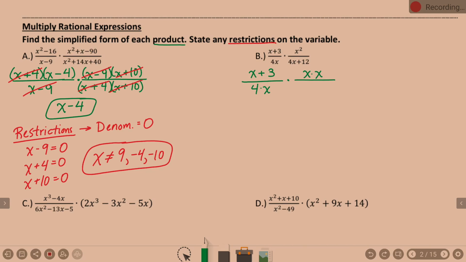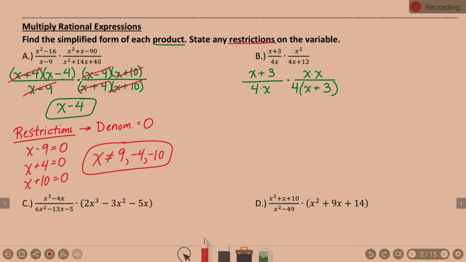What about 4x and 12? GCF. GCF of 4. So if you factor out a 4, 4x divided by 4 is x, plus 12 divided by 4 is 3. Okay? So really, the only true factoring we had there was the GCF on 4x plus 12.